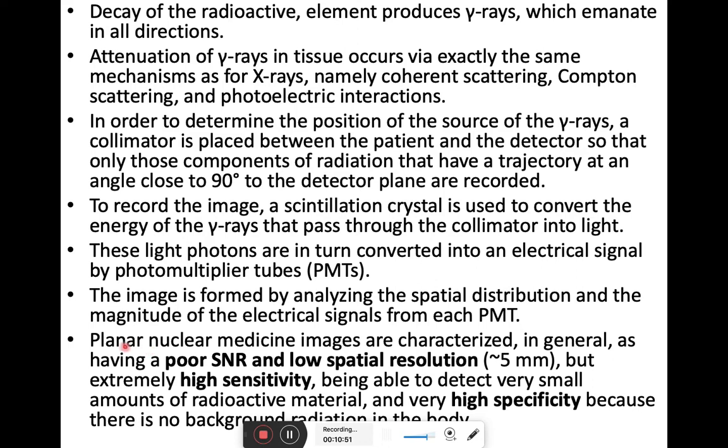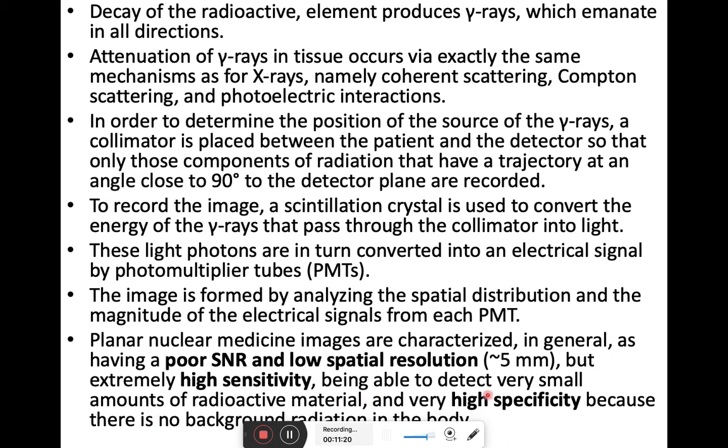Now, planar nuclear medicine images are characterized in general as having a poor SNR and low spatial resolution, which is quite big, approximately 5 millimeters. But they have extremely high sensitivity, thus being able to detect very small amounts of radioactive material.